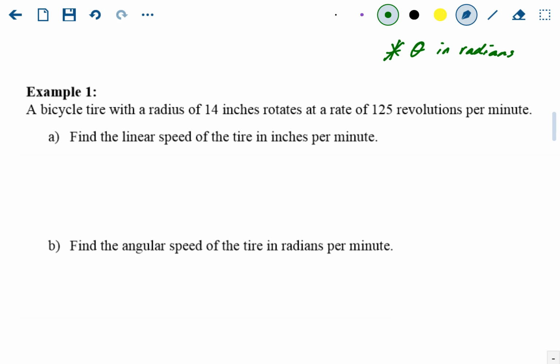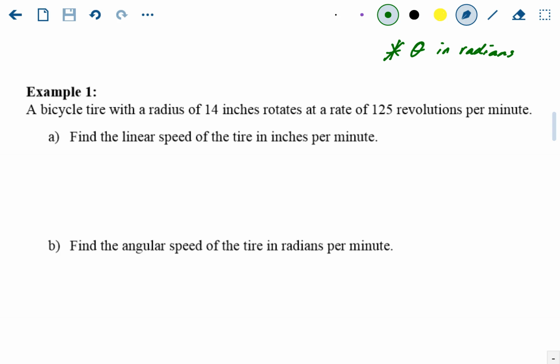A bicycle tire with a radius of 14 inches rotates at a rate of 125 revolutions per minute. So every minute, your bike tire is going to rotate 125 times. And the radius of that bike tire is 14 inches. First we're going to find the linear speed in inches per minute.